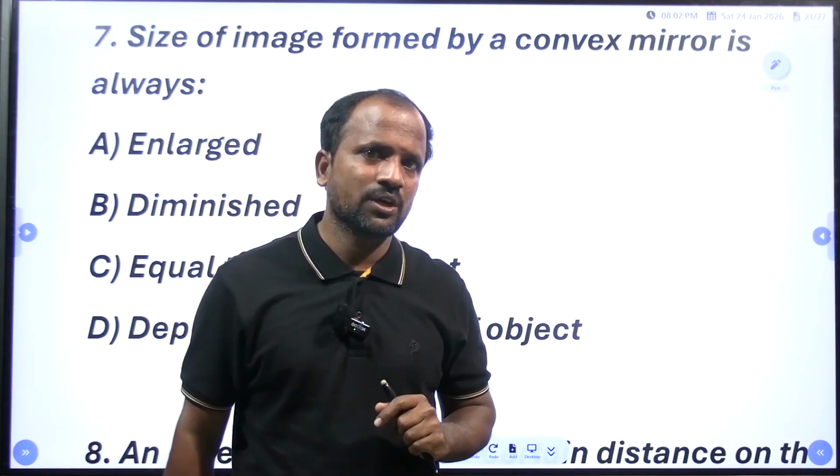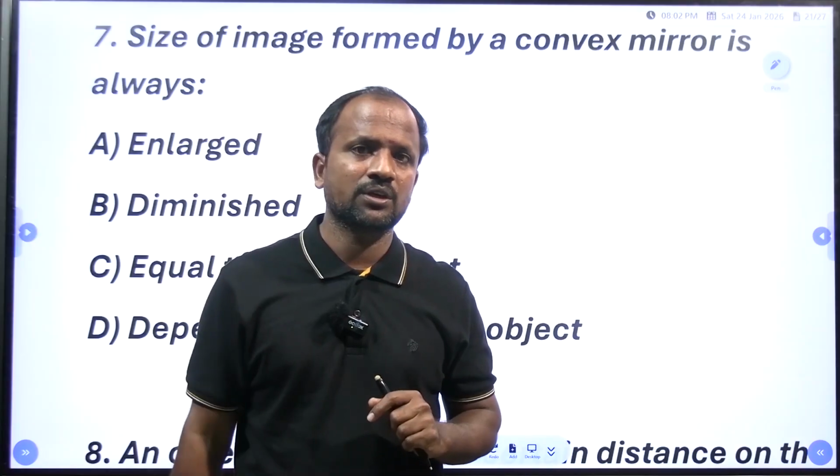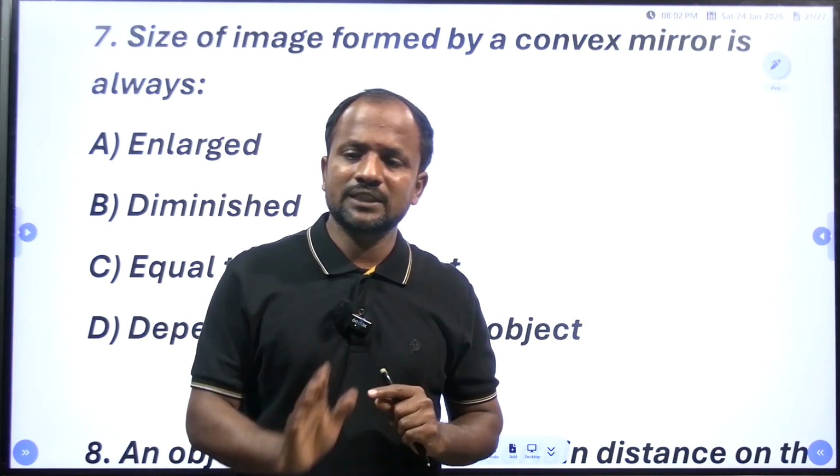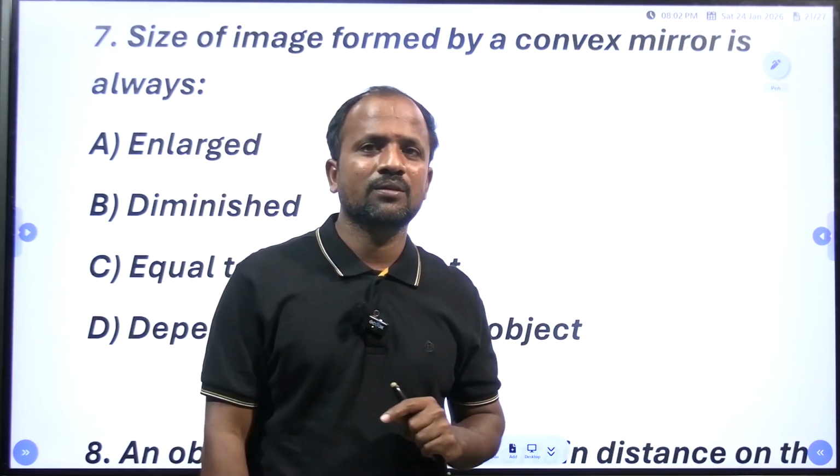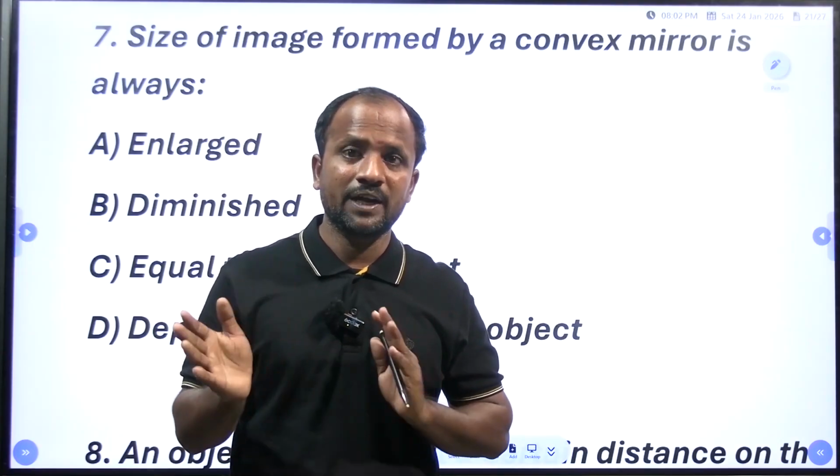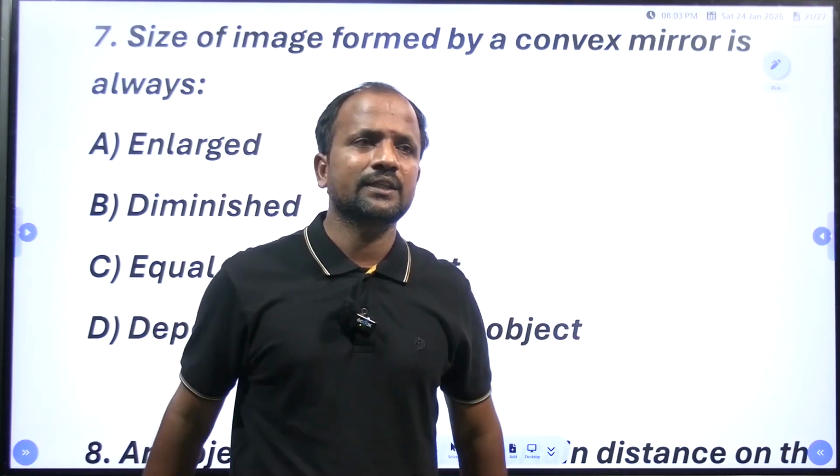Always an erect image, always a virtual image. So it is always behind the mirror, between F and P. You are going to get the image between F and P.